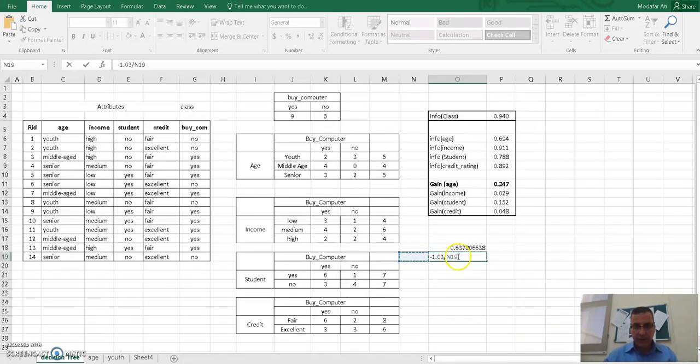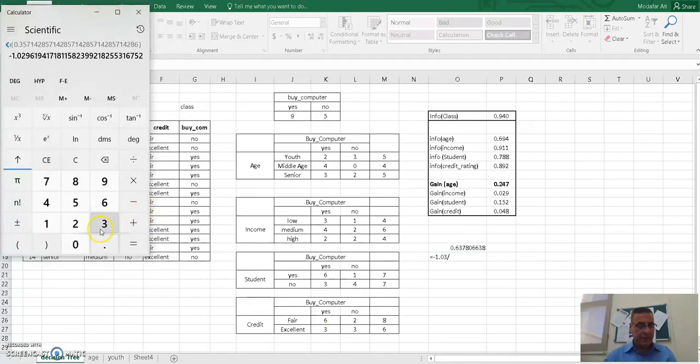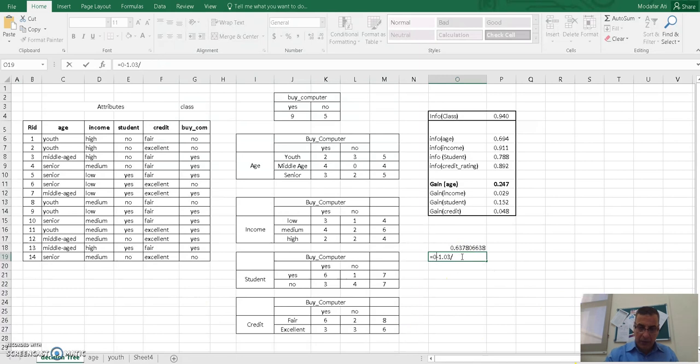I'm saying the two same things, so that is ln of 2, 0.693.